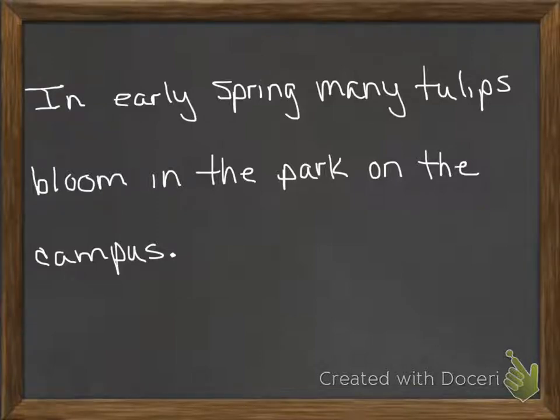Remember, subjects will never be in an adverb phrase. So, let's see if there's a prepositional phrase here. In what? Spring. Spring is a thing, so it is an object, so we do have a phrase.